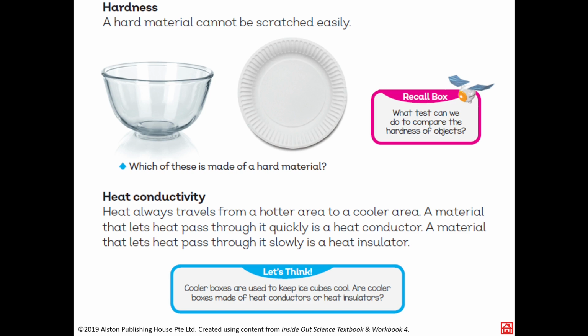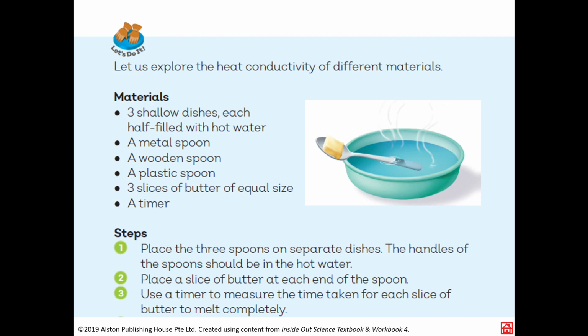So let's go to this activity. To test your knowledge for today, we are going to do an experiment. Let us explore the heat conductivity of different materials. What you need is one shallow dish, a metal spoon, a wooden spoon, and a plastic spoon.